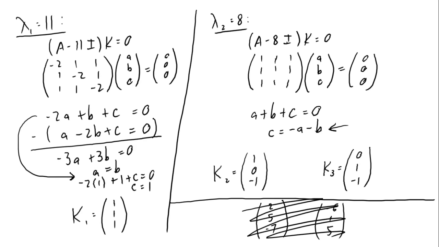But again, to get back to the confusing part here, I had an eigenvalue that repeated twice. 8 repeated twice. And in this case, I was able to get 2 eigenvectors from that repeating eigenvalue. Now, that doesn't always happen, right?